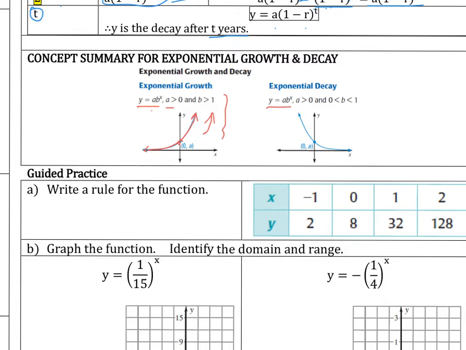But on the other hand, exponential decay means that there's some item that is exponentially decreasing at a really quick rate. So the restriction would be that a has to be positive and b would have to be between 0 and 1, meaning it must be a fractional amount.